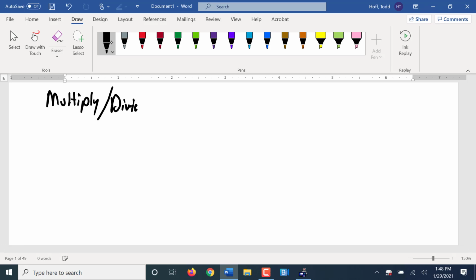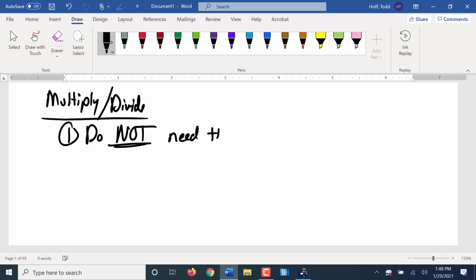When we multiply or divide numbers, we do not need the same name. So with fractions, we didn't need a common denominator. Decimals, we didn't have to line up decimal points. With whole numbers, every digit of one number combined with every digit of the other number.